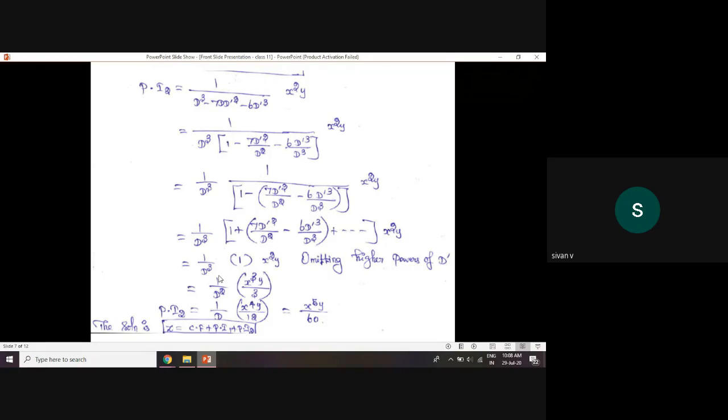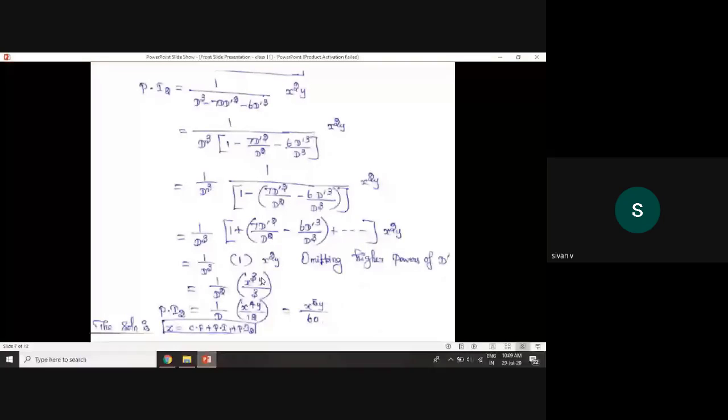Now, D cube means triple integration with respect to x. Yes, very good. So here x square is there, y as it is. X square, one time integrate: x cube by 3. Next x power 4 by 4. Next x power 5 by 5. I said differentiate by mistake; what have you done?